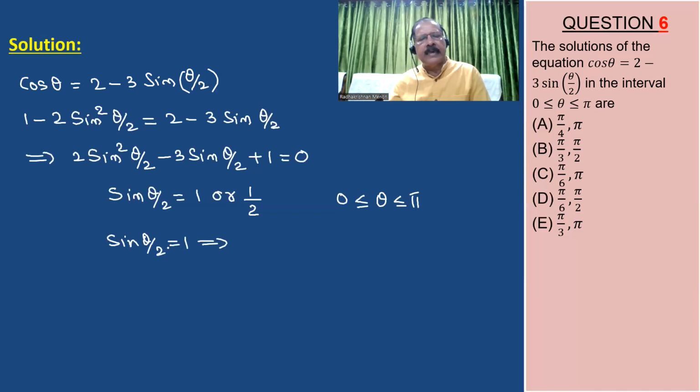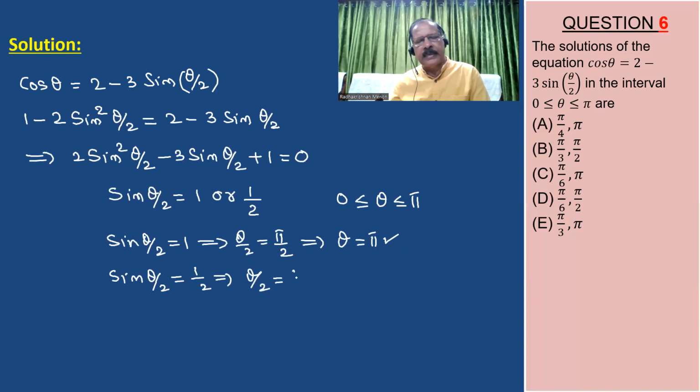First case, sin theta by 2 is equal to 1 I am taking. So theta by 2 is equal to pi by 2, which implies theta equal to pi. Of course, it is satisfying the given condition. Next, sin theta by 2 is equal to 1 by 2. You know that theta by 2 is equal to angle is what?